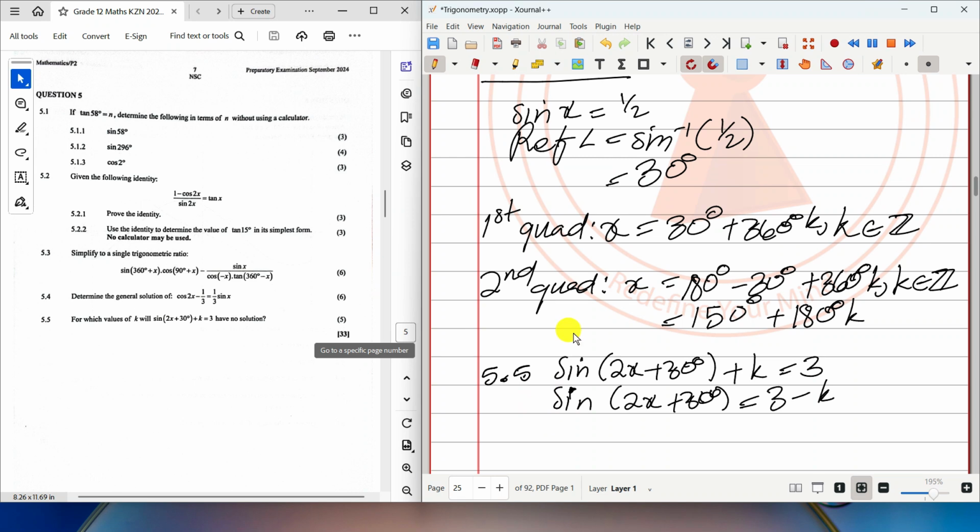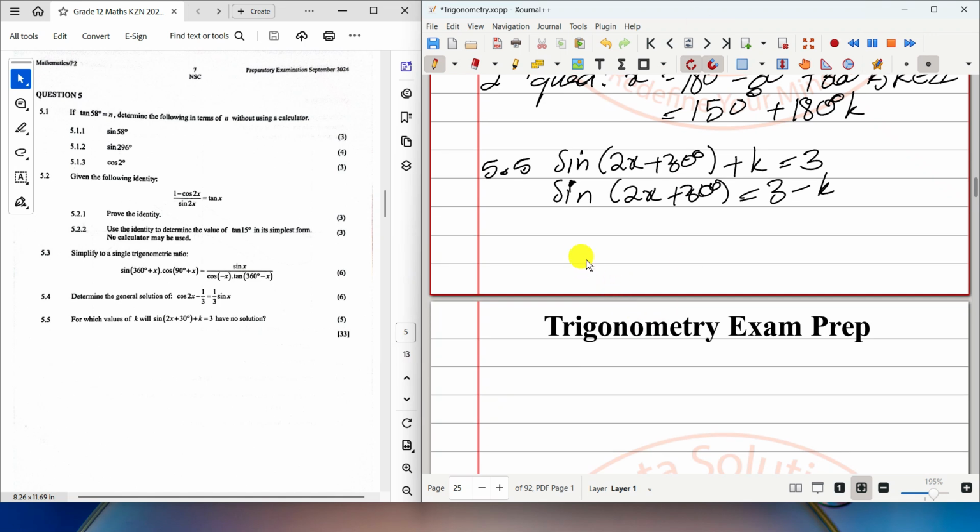So for it to not have a solution, let me just show you. This is your normal sine graph, the maximum being +1 and the minimum being -1, isn't it? So for it to not have a solution, this right hand side must be greater than +1.